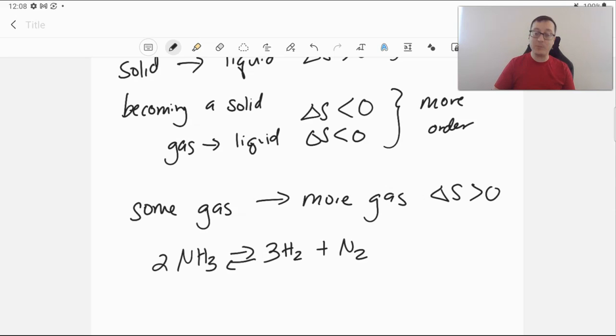So, because we're producing more gases, we'll see that delta S will increase as this reaction proceeds in this direction. So we're becoming more entropically favorable, right? Delta S increasing is a good thing. That's what the universe wants. So energetically speaking, that's favorable.